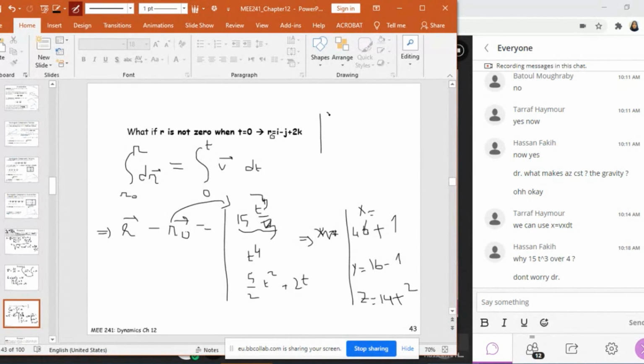Now here, since r0 is i minus j plus 2k, then x0 will be 1, y0 will be minus 1, and z0 will be 2. Right? So I have to add them into the answer in order to find x, y. Right? Do you have any questions so far, guys?